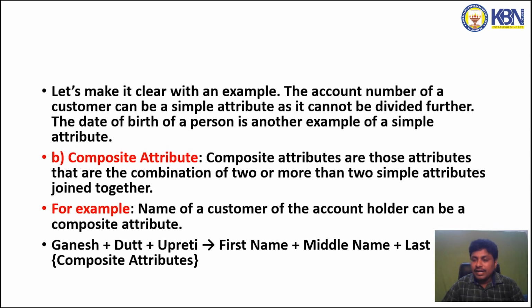The name can be divided into first name, middle name and last name. Some people maintain full name and surname. That is a combination, so a composite attribute is a combination of more than one attribute.